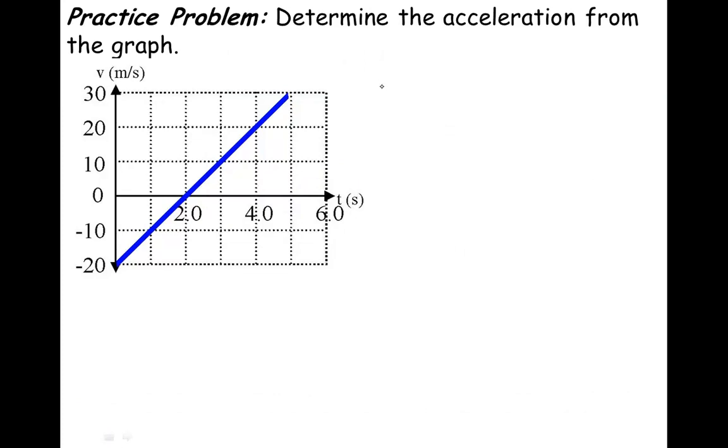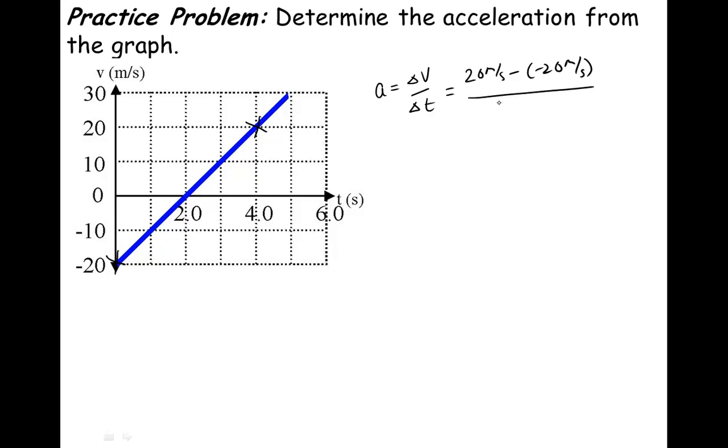Now we want to determine the acceleration from this particular graph. So the acceleration we know is the change in velocity over the change in time. So in this case, if I take this position here at 20 meters per second as a final position and this as the initial position, I can say that the final velocity is 20 meters per second. I'm going to subtract the initial velocity, which is negative 20 meters per second.